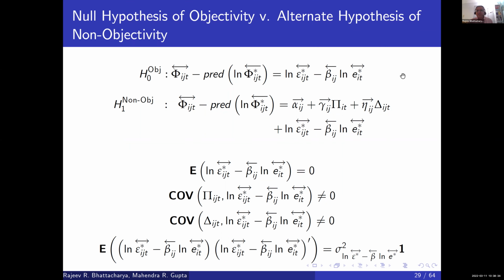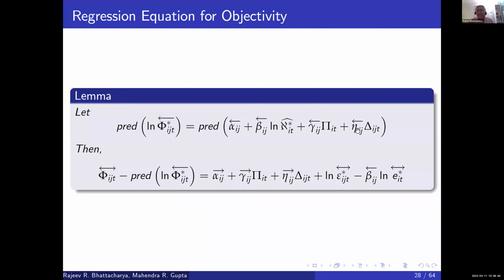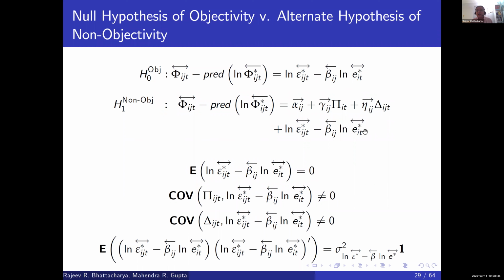here, under objectivity, all these alphas, betas, gammas, etas are all 0, whereas under non-objectivity they could be different. So it's a test of 0 versus non-zero coefficients, but because the covariance of the pi ijt with the residual term is not equal to 0, and the covariance of the delta ijt is also not equal to 0, we are not able to use the F test.